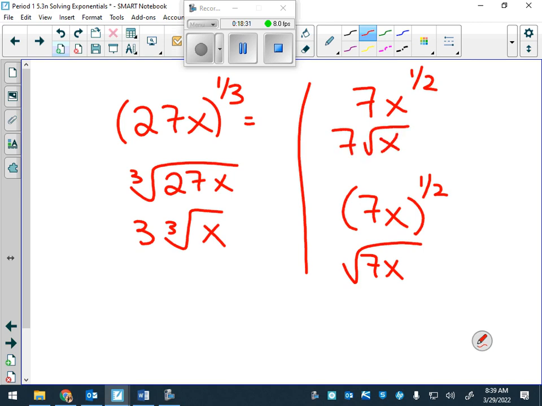Perfect. So this is another big difference. Parentheses, the whole thing is included underneath the square root. Here, where there's no parentheses, only the x is affected by the square root. Okay? So this is good practice to go through, rewriting, and then simplifying.